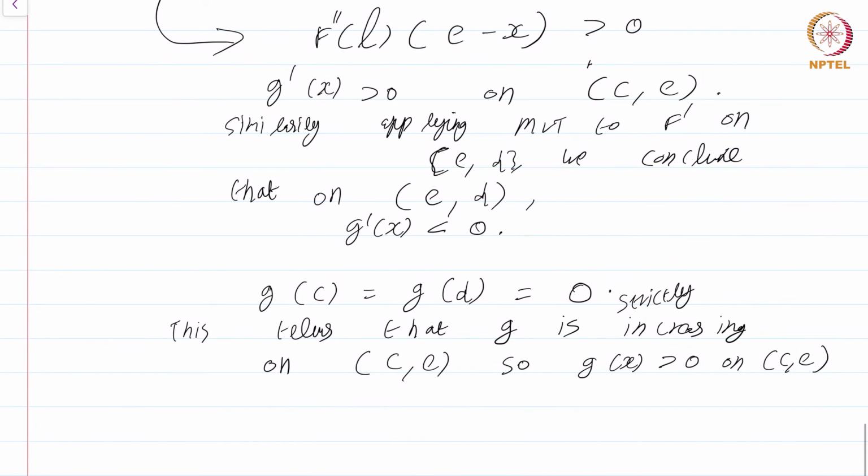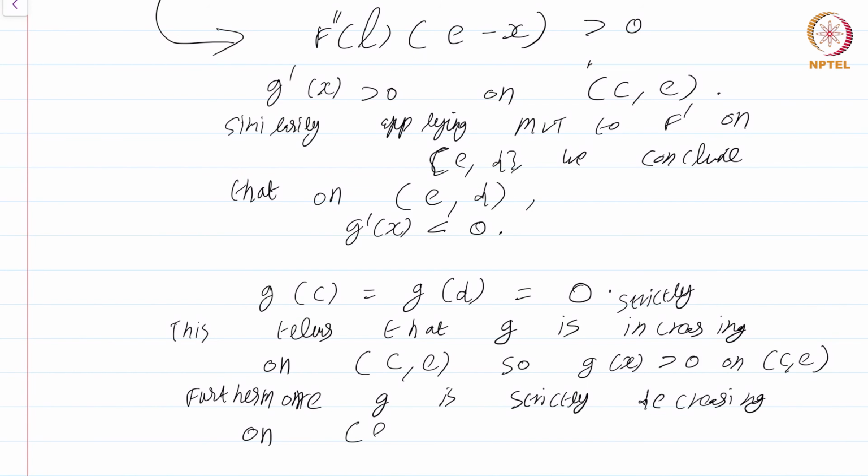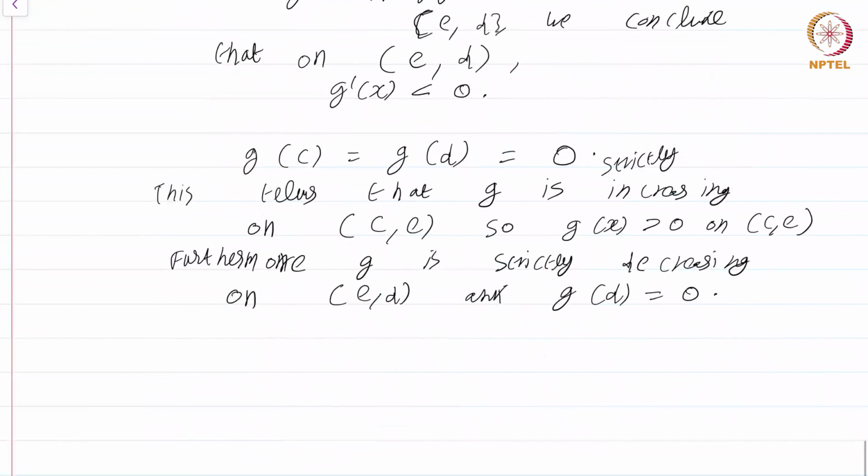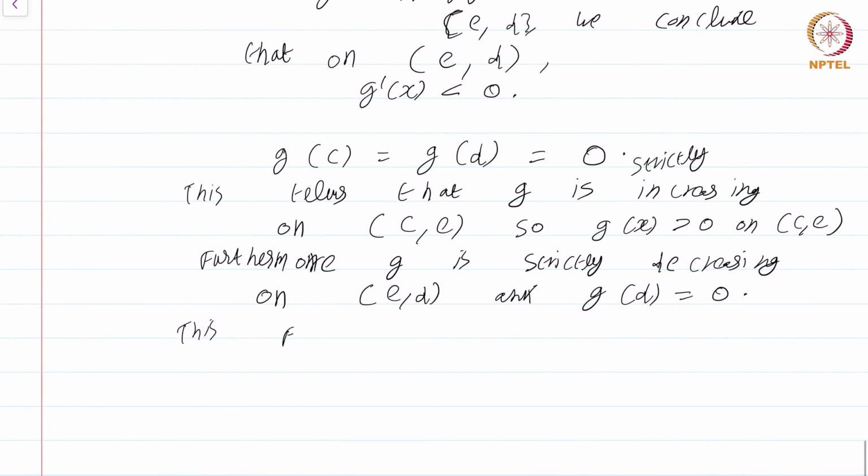Furthermore, g is strictly decreasing on the interval (e, d), and g(d) is 0. That we already know. This forces g to be greater than 0 on (c, d).